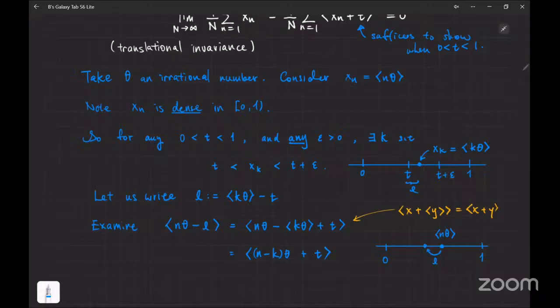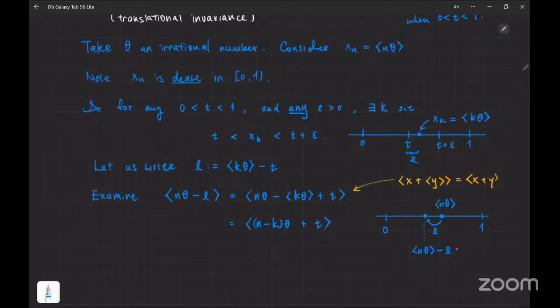So over here, that is going to be n theta minus L. So here this L right here is a number between 0 and 1.